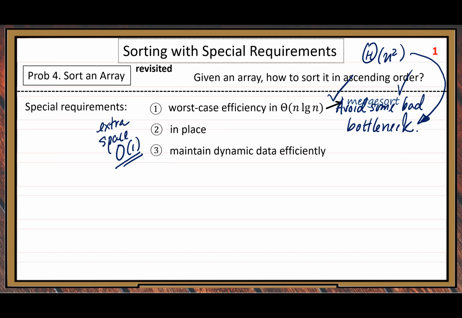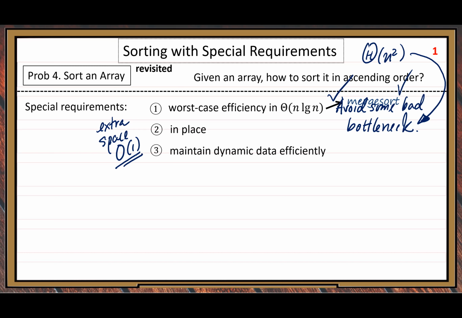The third one, maintain dynamic data efficiently. Another special requirement. Dynamic data, what's the dynamic data? The data items keep coming in. During the whole working process, we have new data items coming in all the time. Dynamic data actually come and go. Think about that.